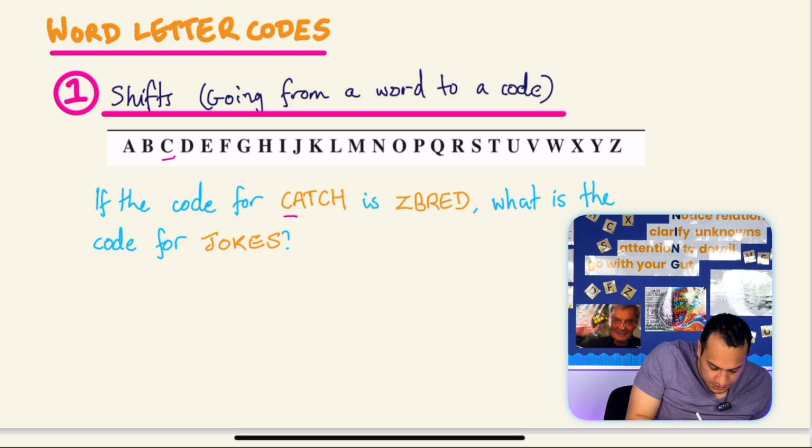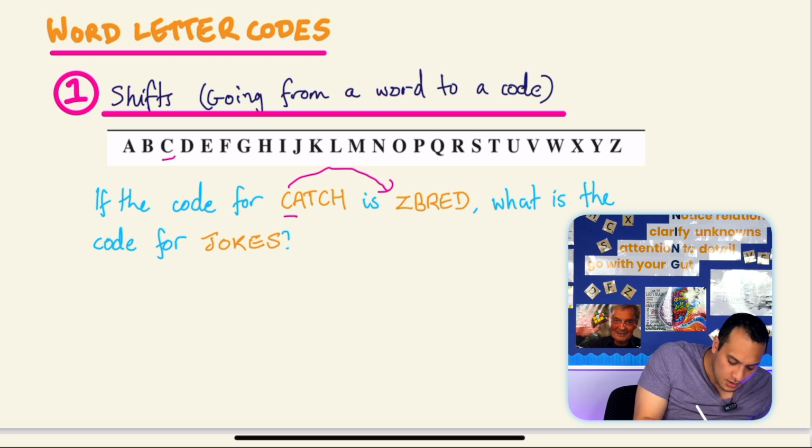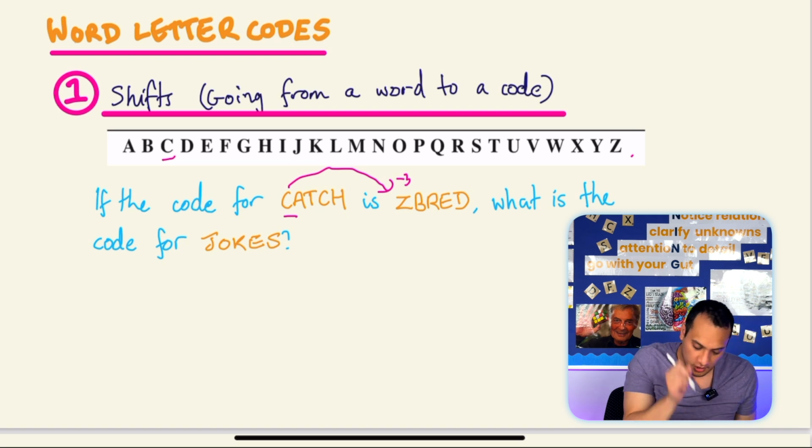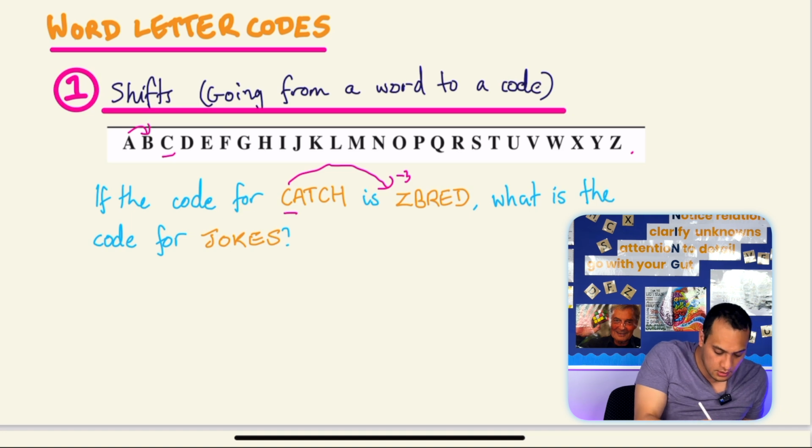So if we look at our first letter, C maps to Z. Here we're actually going back 3, because we go from C to B to A to Z. So here we're going back 3, and it's a good idea to write down each of the shifts so you remember. From A to B, that's quite a simple shift because it's only going forward 1. So that's going to be a +1 shift.